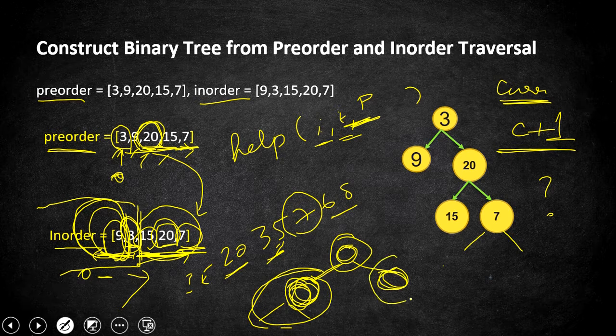So to find the right child's root node, we are going to take the current node plus the size of its left subtree, so that once the current node and the size of its left subtree are over, we have the root of the right subtree at that index.